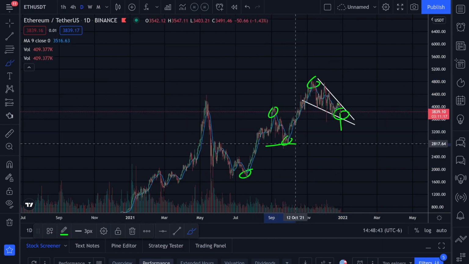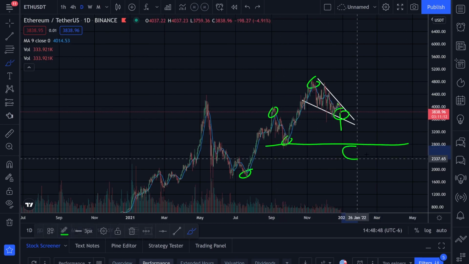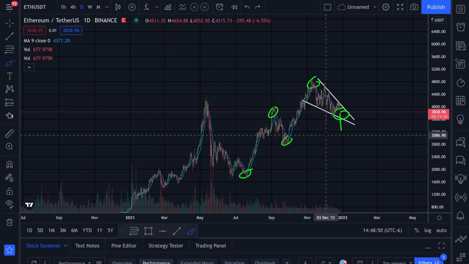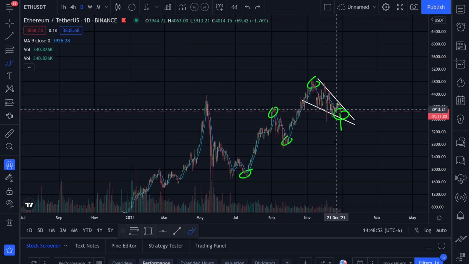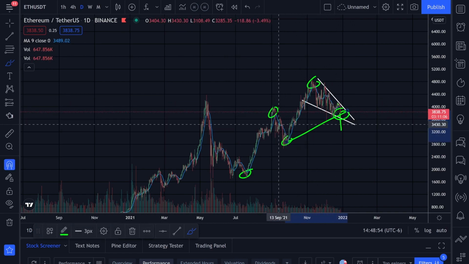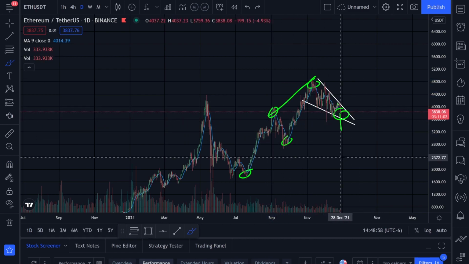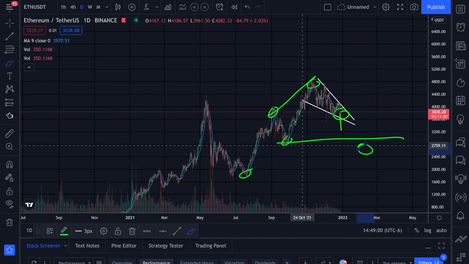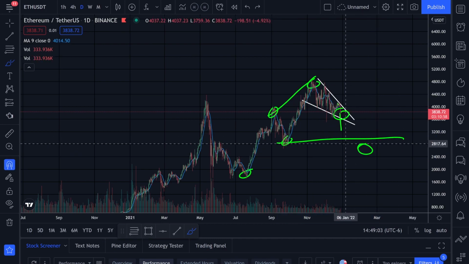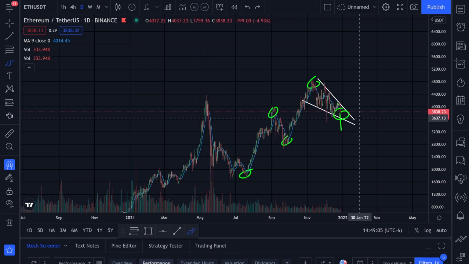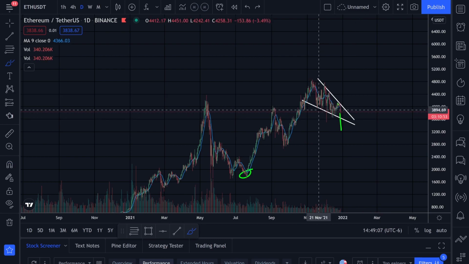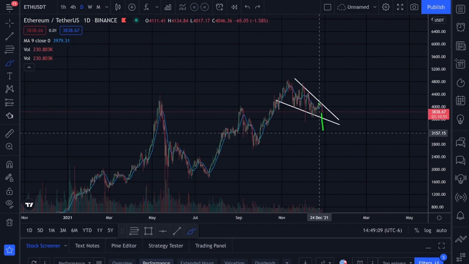As long as we stay above this line right here, this previous low, and we don't break below it, then we're going to set a higher high, and I mean a higher low, excuse me. We already set a higher high. Now we need to set a higher low. But if we break below this, then it'll be a lower low, and that's pretty much a downtrend. Or that's the start of a downtrend, I think. Or it's a bearish signal, should you say.